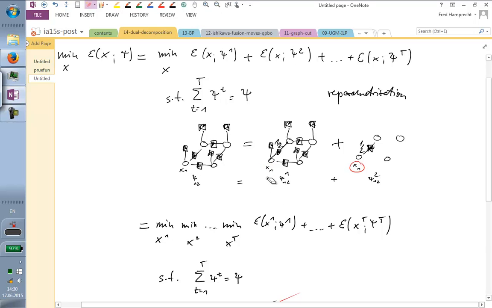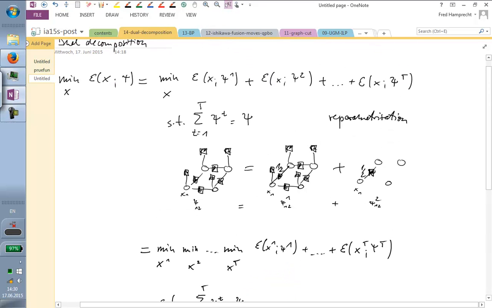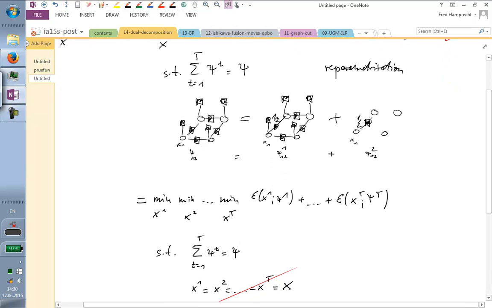And this was the picture belonging to this line here. Now, in the line below, I introduce a new or a redundant set of random variables. So I say there is an x11 and an x12.